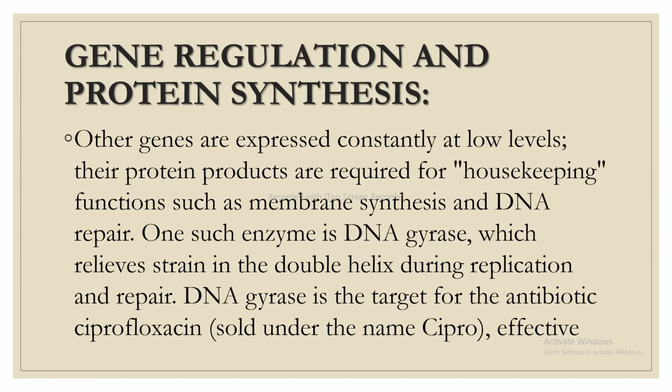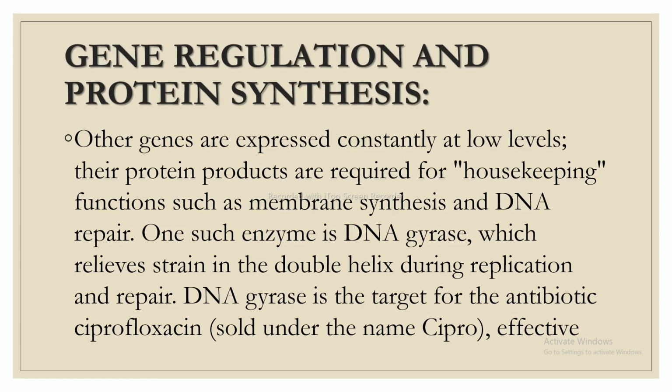Other genes are expressed constantly at low levels. Their protein products are required for housekeeping functions, such as membrane synthesis and DNA repair. One such enzyme is DNA gyrase, which relieves strain in the double helix during replication and repair.